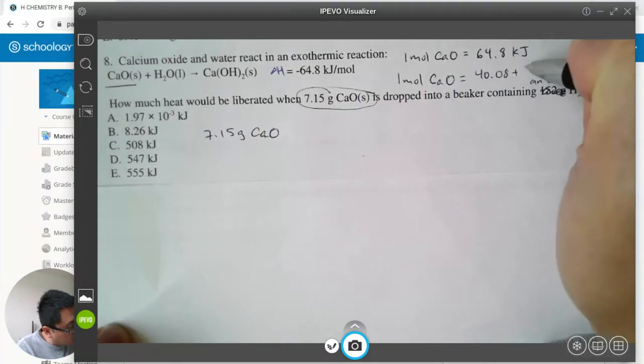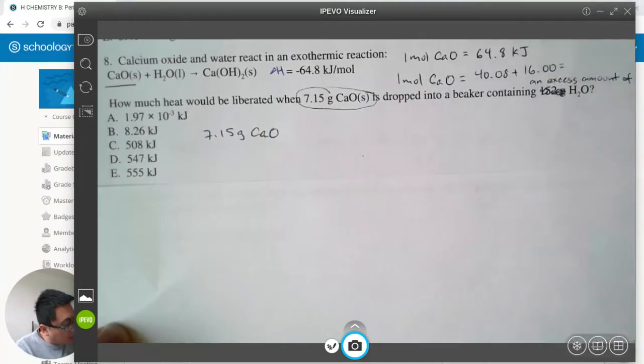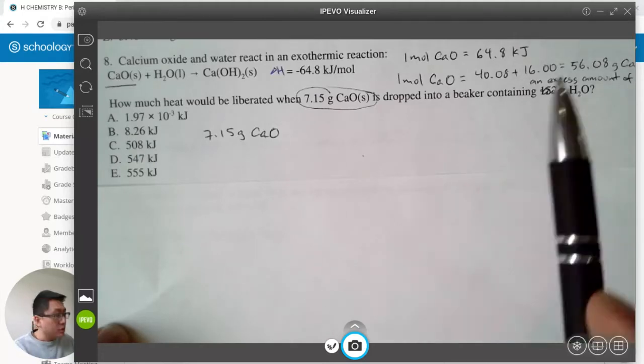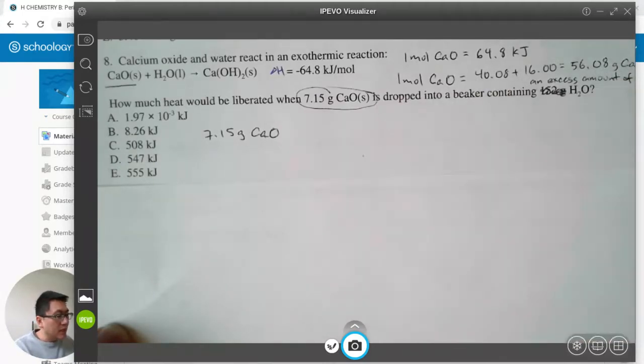Oxygen on the periodic table is 16. Add that up, and that is 56.08 grams. Okay, a little bit off the screen, but 56.08 grams of calcium oxide. So now I can change grams to moles, and then moles to kilojoules of heat.